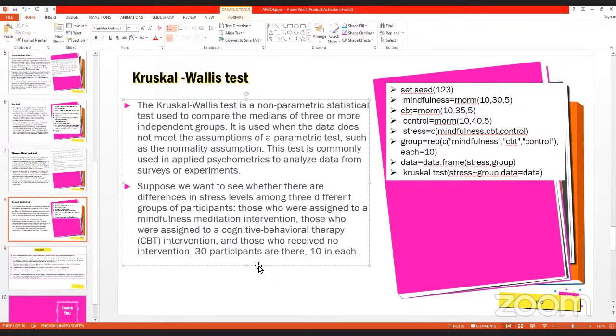So there will be the rank data. If there is scored data, the score will be converted into rank data, and then you can make the comparison. Is it clear?